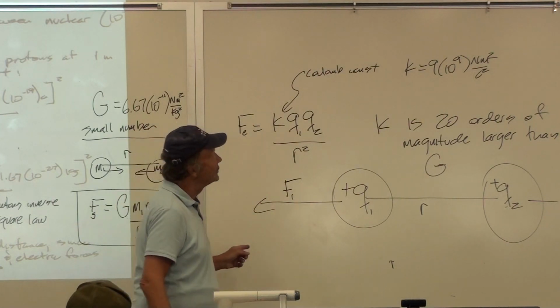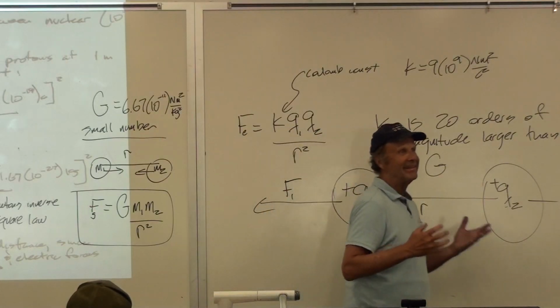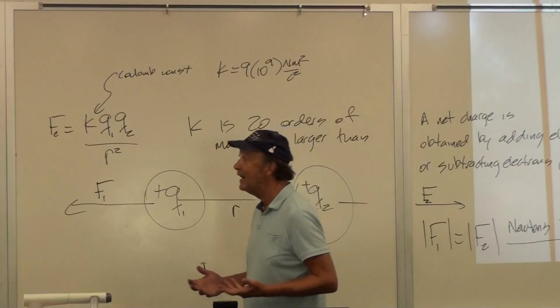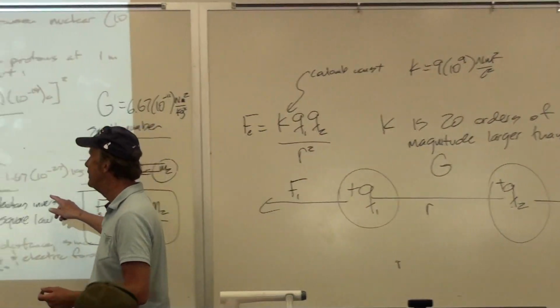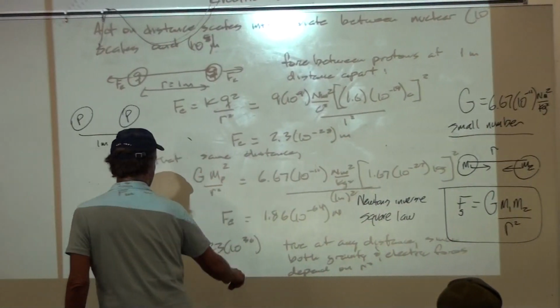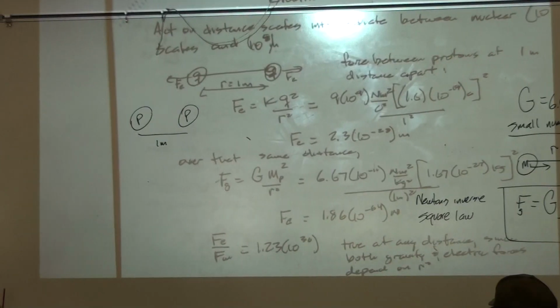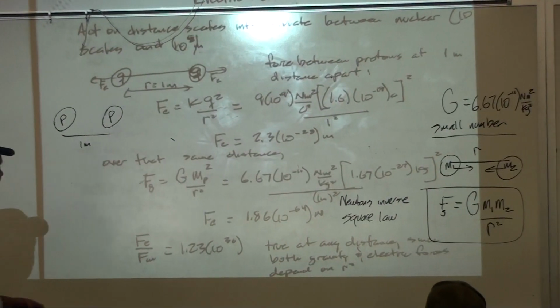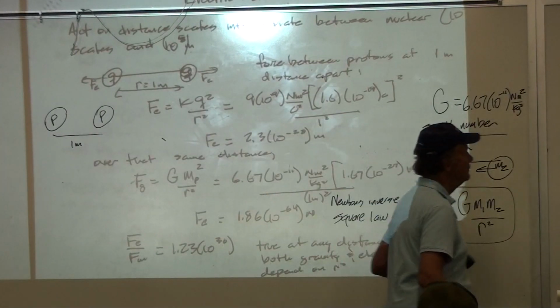So the gravity forces are leaking out, and that's why the electric force is so much larger than the gravitational force. That may or may not be true. That's just one theory to try to explain a mechanism for why there would be such a big difference between the electric force and the gravitational force.